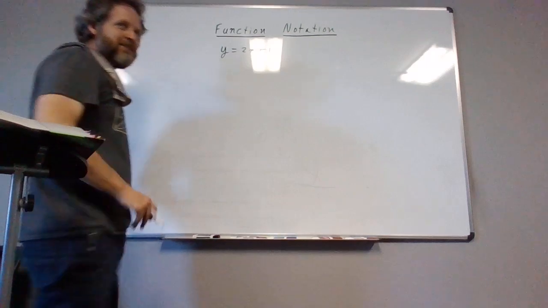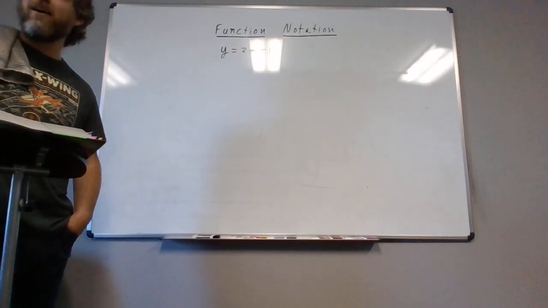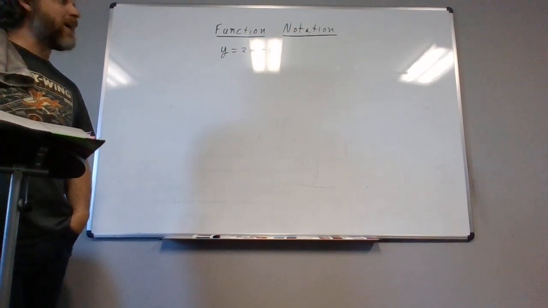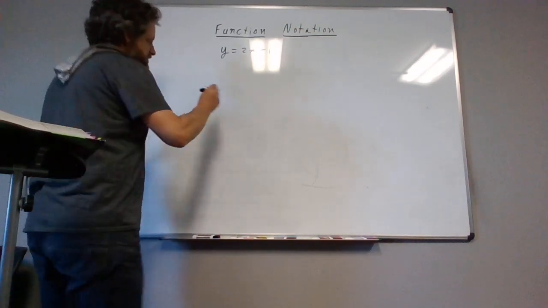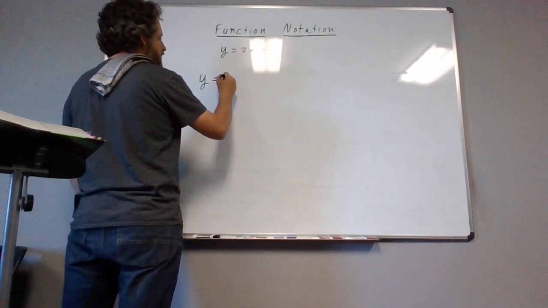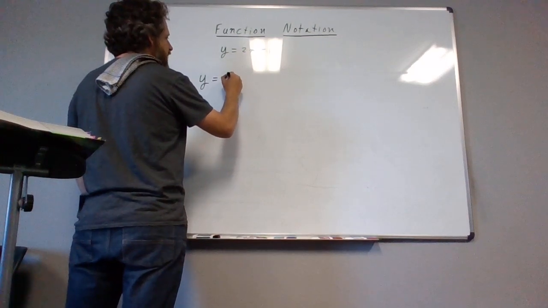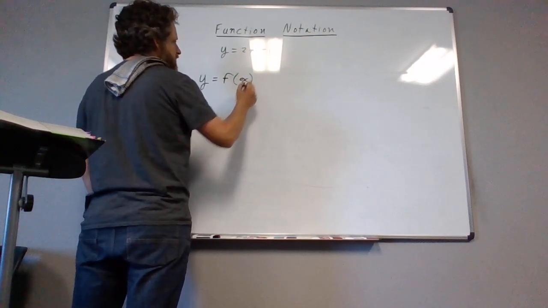We've graphed that, y-intercepts and slopes. We did this in this class. Right. So, in function notation, y can be rewritten as f of x.